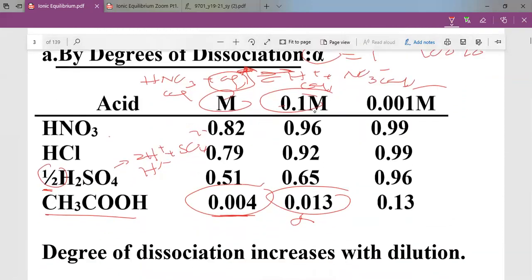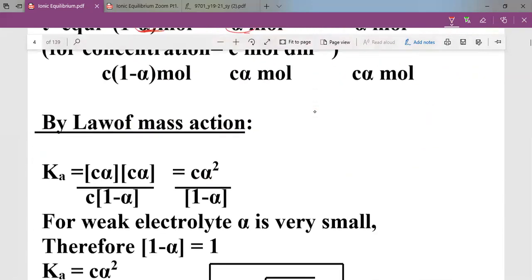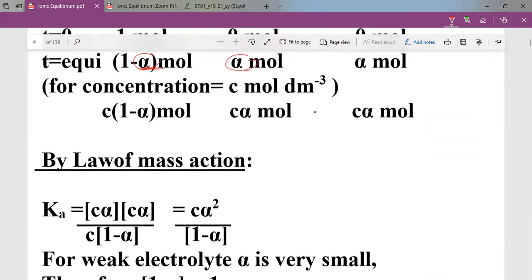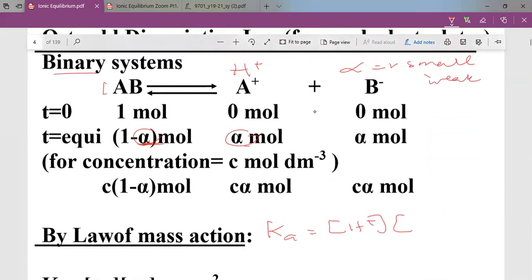So here we go. By the law of mass action, remember your equilibrium constant, Ka or Kc. I put Ka because it's an acid. So Ka equals the concentration of H plus and A minus, over HA. It's better to use this because now they all use this in exams.